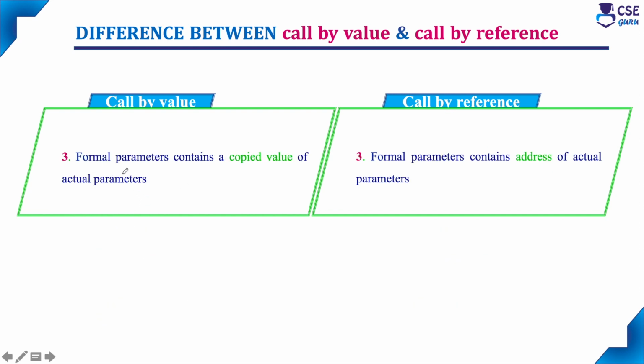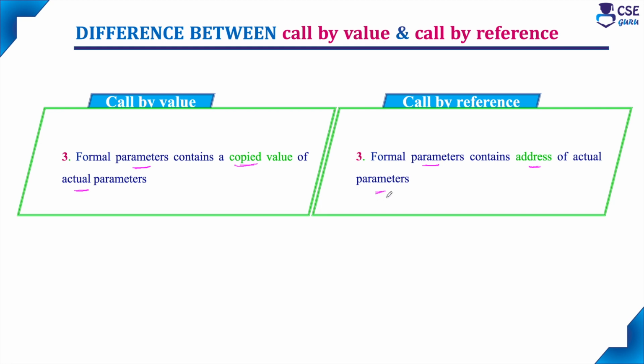And the third difference, in call by value, the formal parameters contain the copied value of the actual parameter. So whatever the value of the actual parameter variables, that will be copied. Copied means one more memory location will be created for formal parameter variables, and in that memory location, the value will be copied. In call by reference, the formal parameter will contain the address of the actual parameter, just the address.